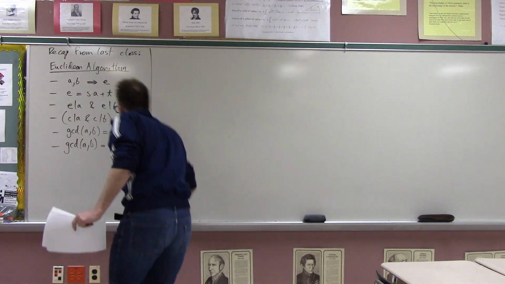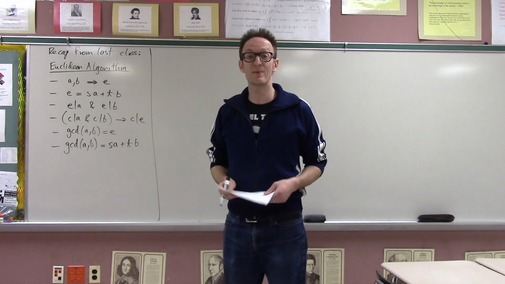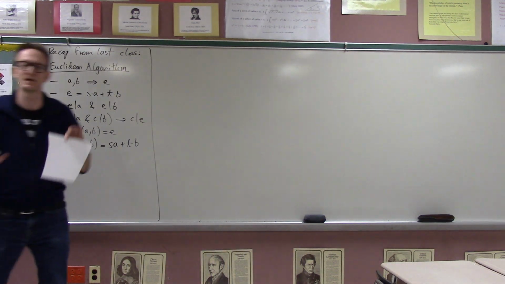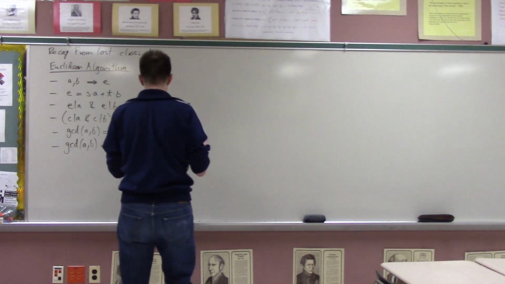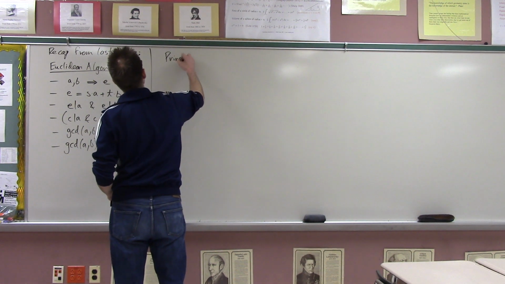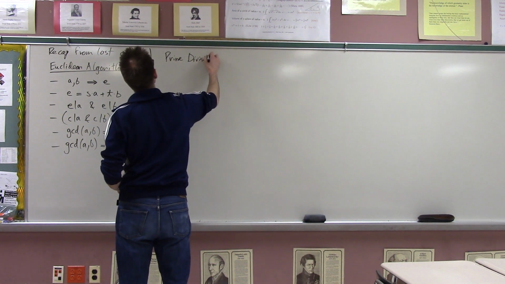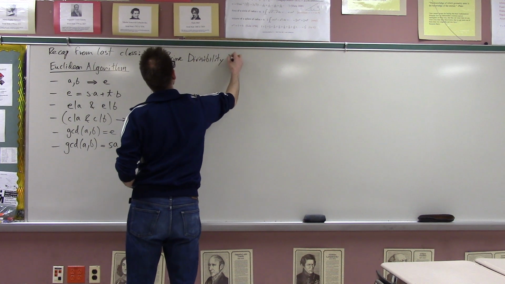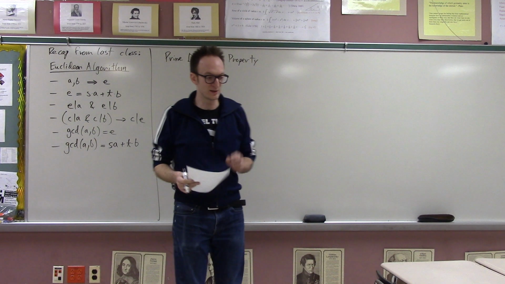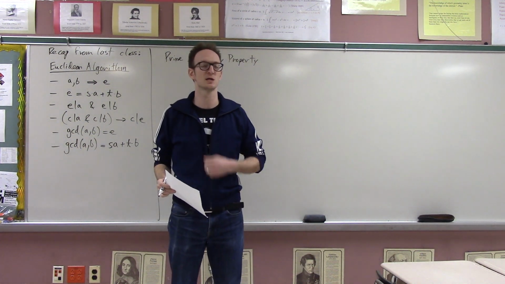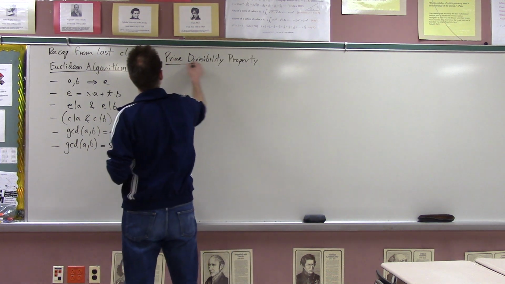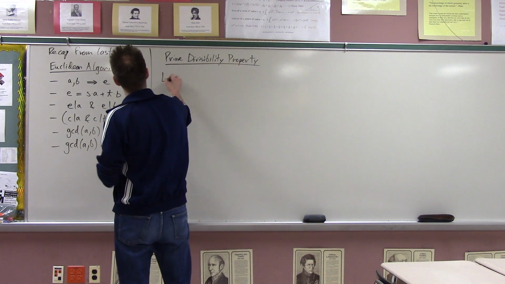Okay, the next thing I want to talk about also came up in last class. I got all ready to prove it and then stopped because I realized it's better if we have this first. So here we go. It's called the prime divisibility property, and it is another one of these very low-level facts about numbers. We talked about it already last class, and now I'm going to prove it.